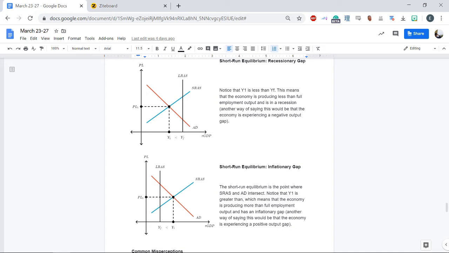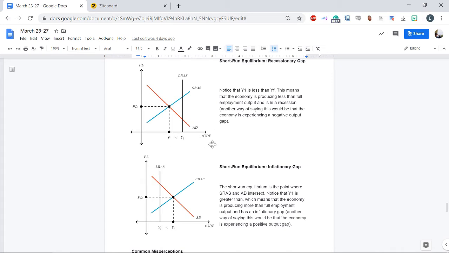It says, notice that Y1 right here is less than YF. This means that the economy is producing less than full employment output and is in a recession. Another way of saying this would be that the economy is experiencing a negative output gap.